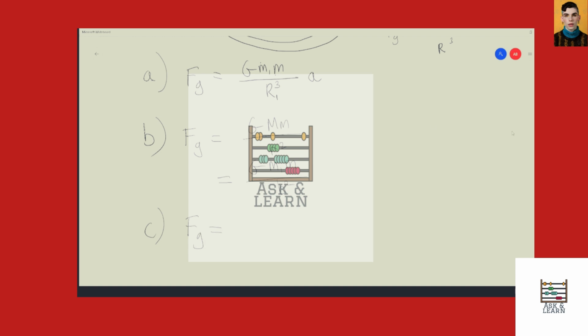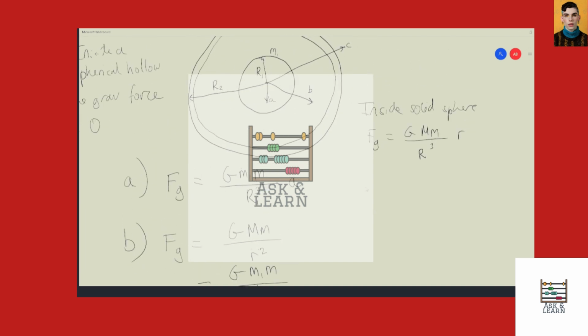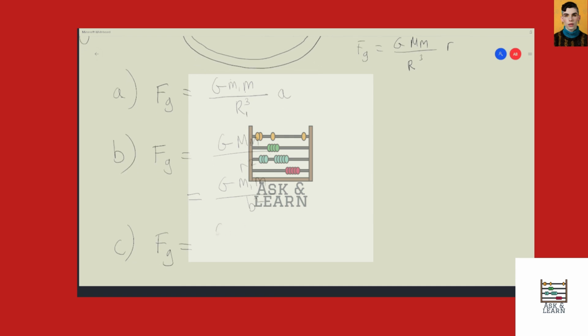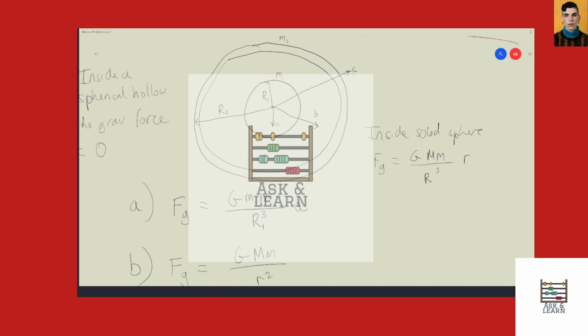our force of gravity is going to be the force of gravity from the solid sphere and the hollow shell. From the solid sphere, it's going to be G m1 m over c squared, and from the hollow shell, we see that c is some distance away from the center of the sphere.